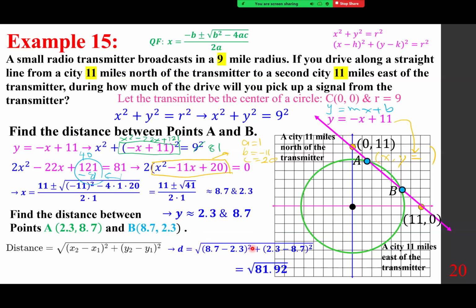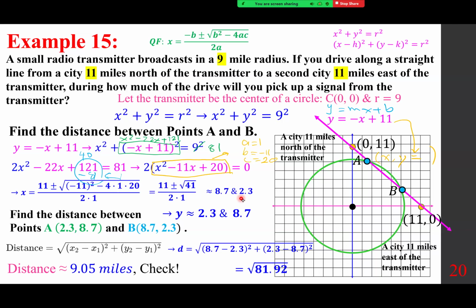If you take it out, about 9.05, about 9 miles. So as we go from here to here, over this distance of 9 miles, or 9.05 miles, we can receive signals. What I did was use the line to come up with the two pairs.